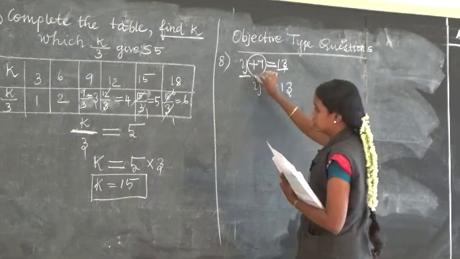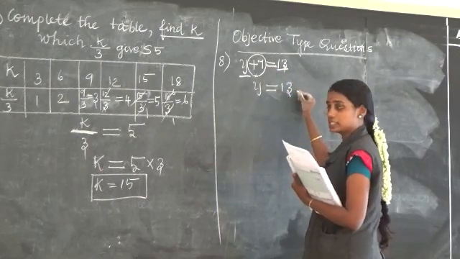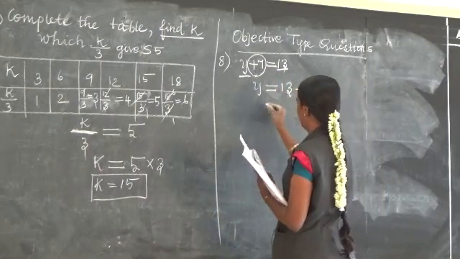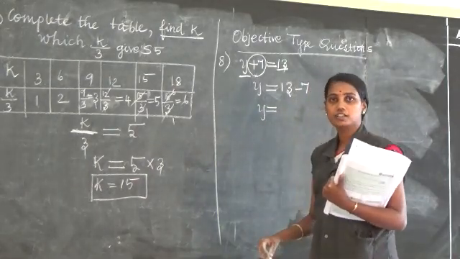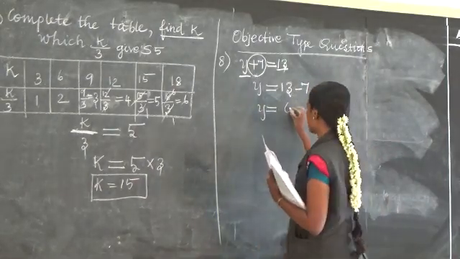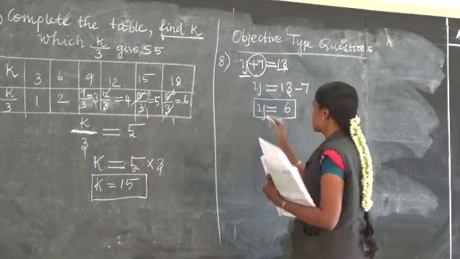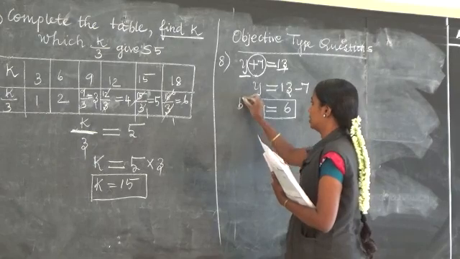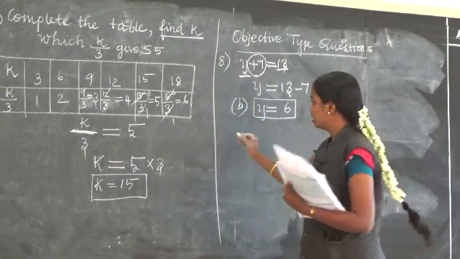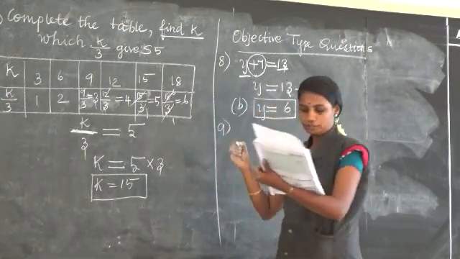This plus 7 will come this side as minus 7. y equal to 13 minus 7. What is the answer? 6. 13 minus 7 is 6. The answer is option B.